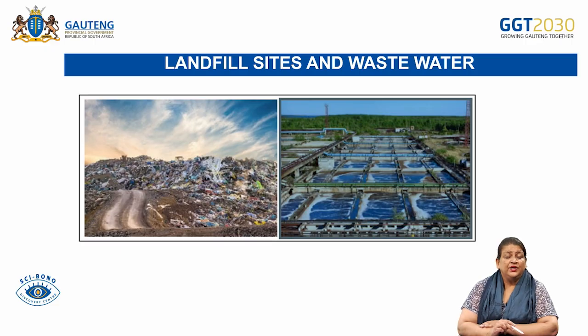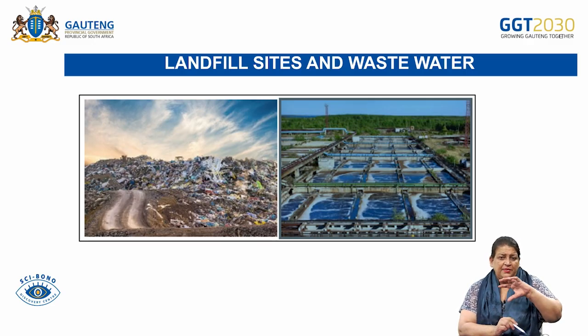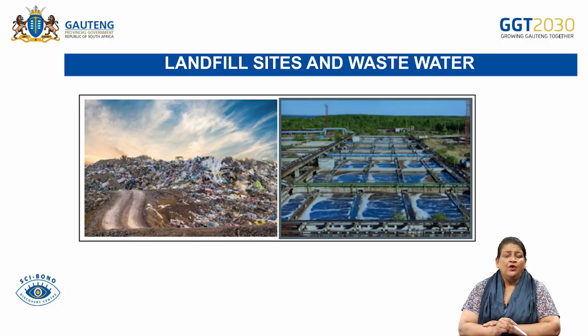Now, learners, you can use this methane instead of it being released into the atmosphere. You can take some kind of tire and make little tubes and then collect this methane gas, because methane is flammable. And you can produce electricity from the methane at landfill sites, where instead of it going into the atmosphere to cause enhanced greenhouse effect and climate change, you can use it as a fuel for cooking.